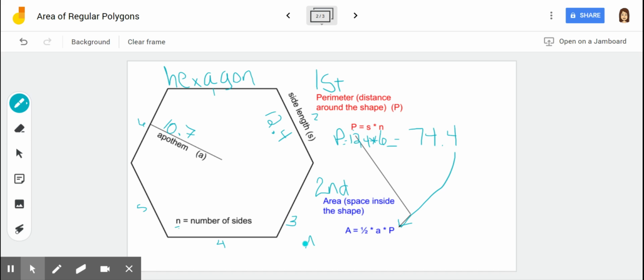So our area is equal to 1/2 times A. Here's our A, 10.7, times our 74.4. So we're multiplying 10.7 times 74.4, and then we will divide by 2.